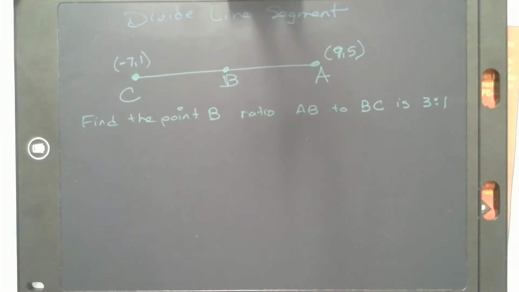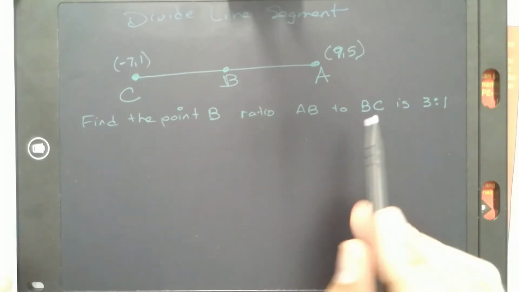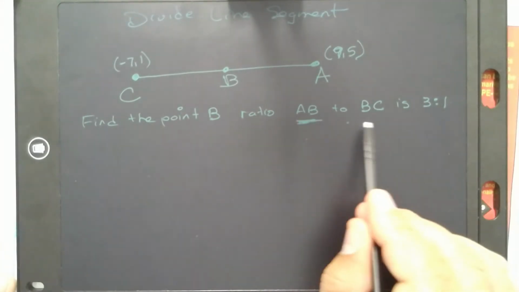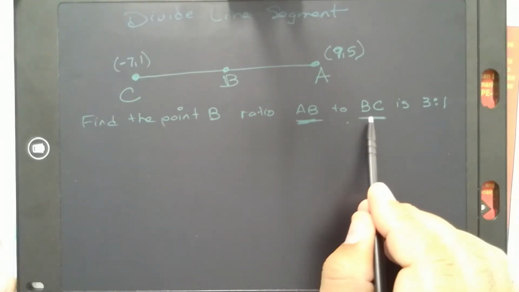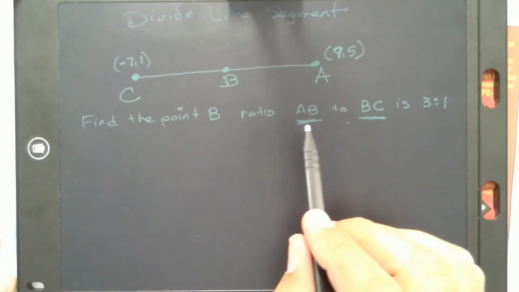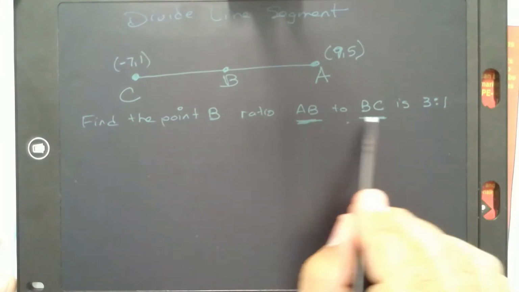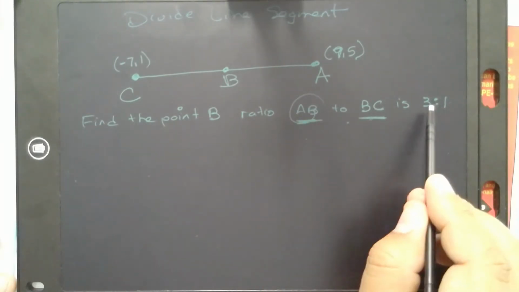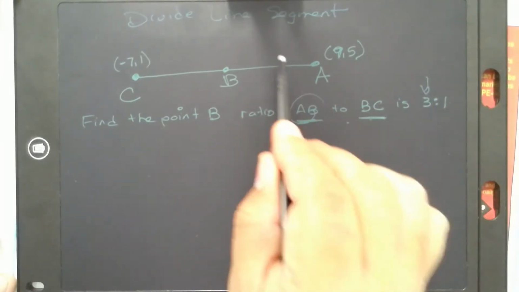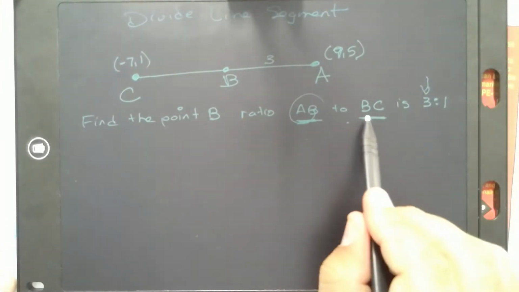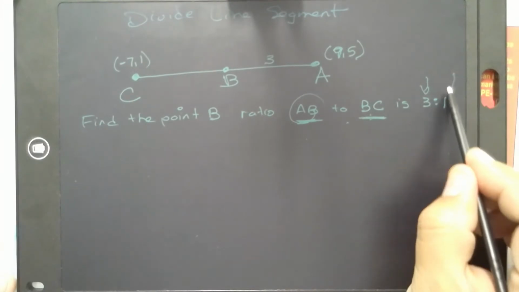Now, this is the part that I was telling you guys before. If we notice this, it says AB to BC, correct? So this is important because we need to solve for K. Since this says AB, AB is represented by the number 3. So I'll go ahead and put the 3 right over here. BC is represented by the number 1.